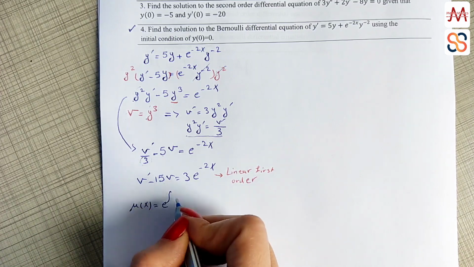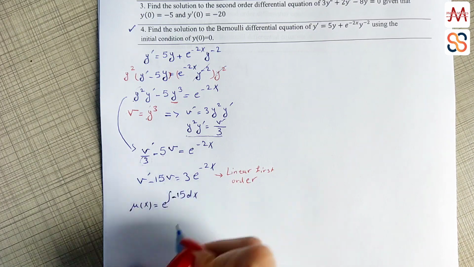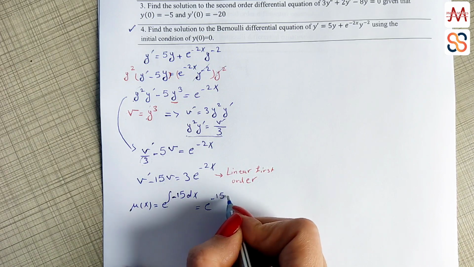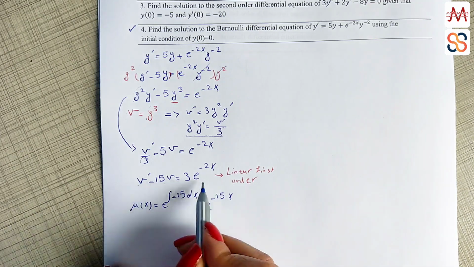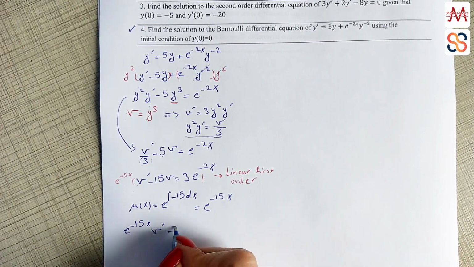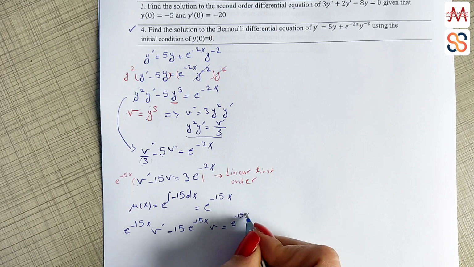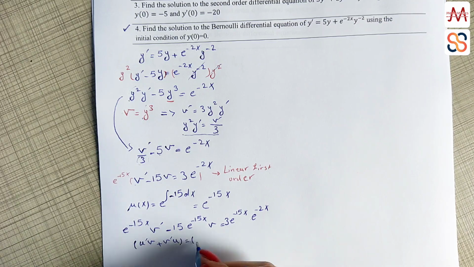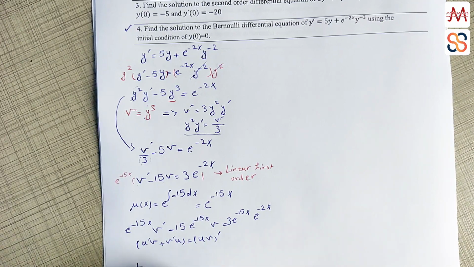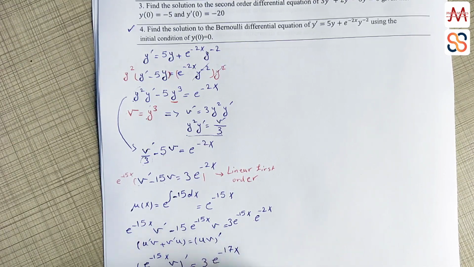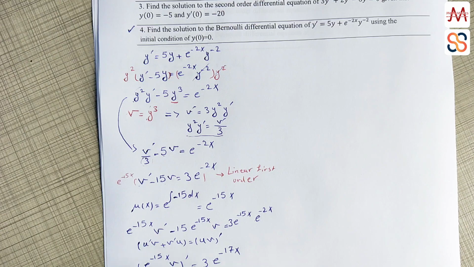Let's find it. The integrating factor is going to be e to the power of integral of negative 15 dx. Now we have to multiply both sides of this linear first order differential equation by this integrating factor. Based on our calculus knowledge, we know that therefore instead of left side we can write e to the power of negative 15x v prime equals 3 times e to the power of negative 17x.